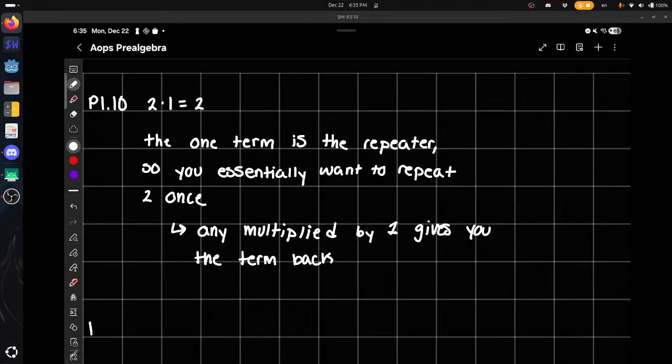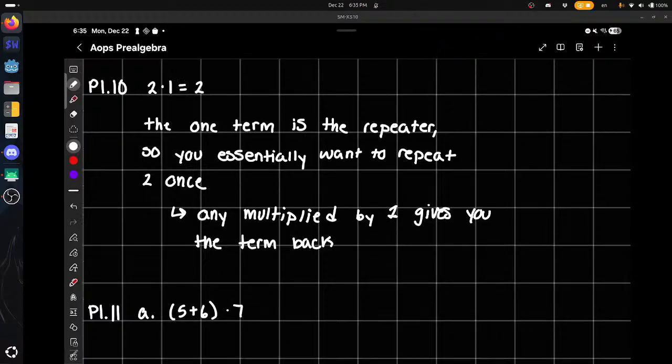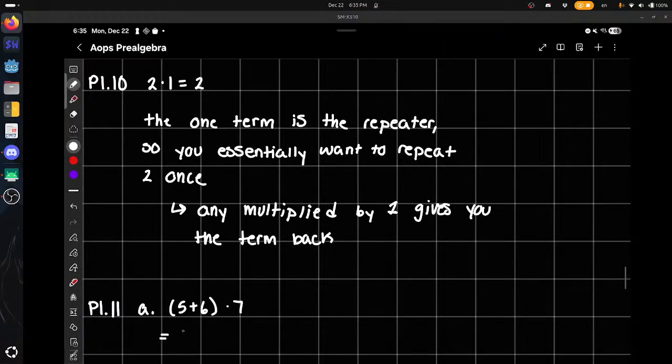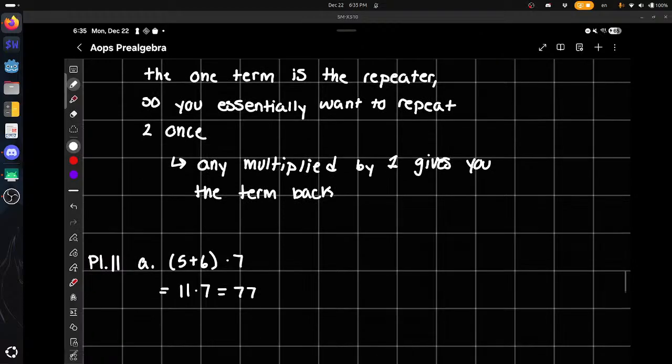Next problem, P1 or P11. We have to solve two problems. So 5 plus 6, okay, so now we're mixing up addition and multiplication, times 7. So this is 11 times 7, which is 77.